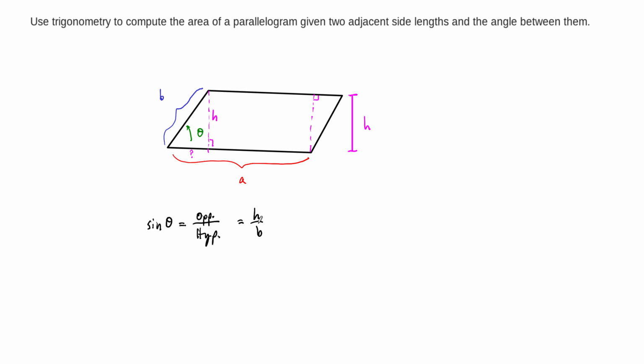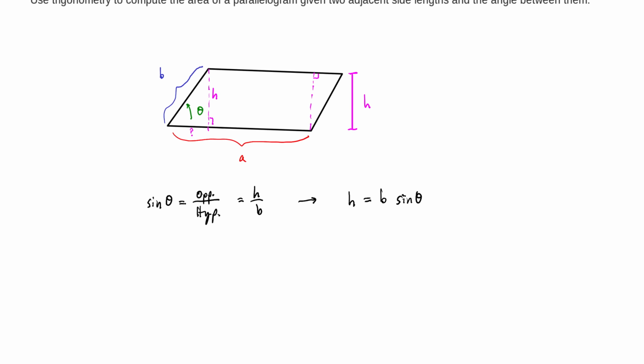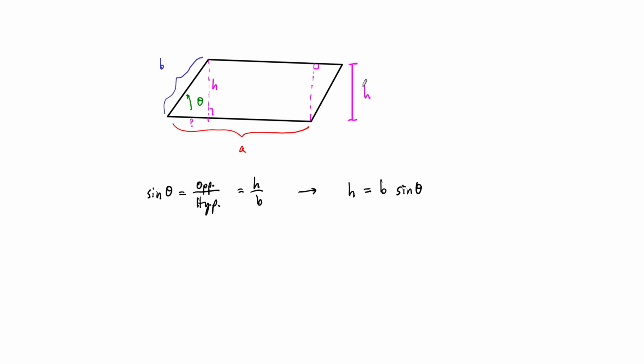Remember, we know B, we're assuming B is a number we're given. We can solve for H by multiplying across by B. So H is equal to B times the sine of theta. Now that's our height.